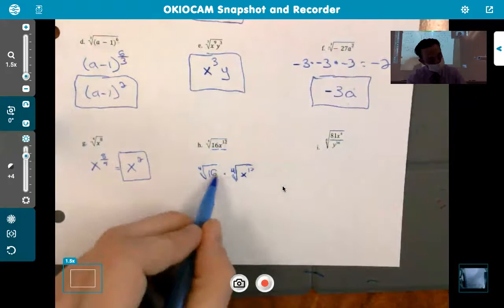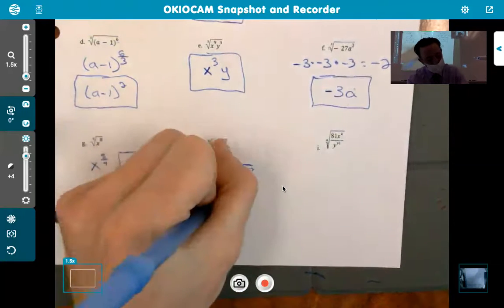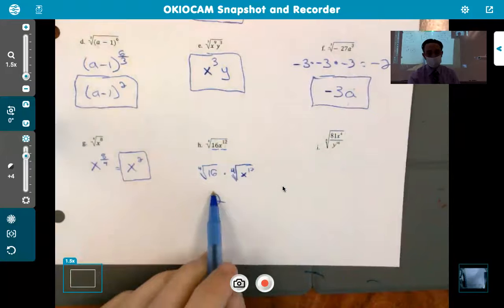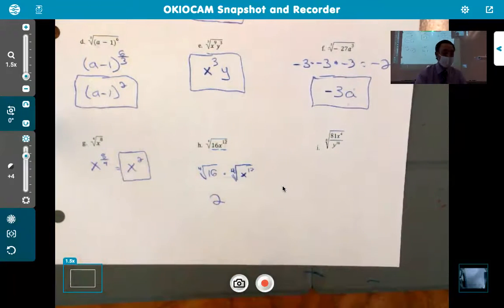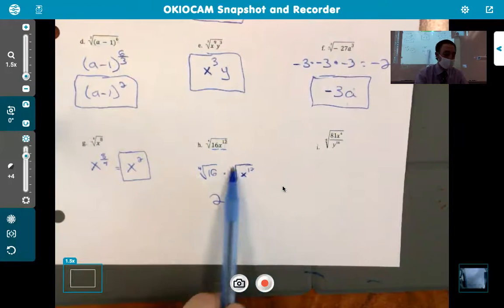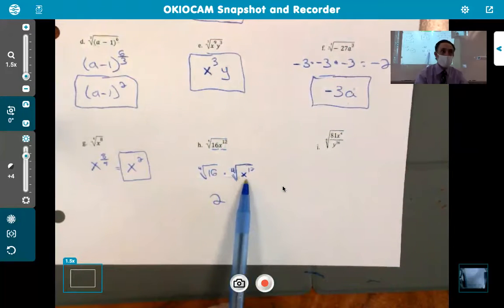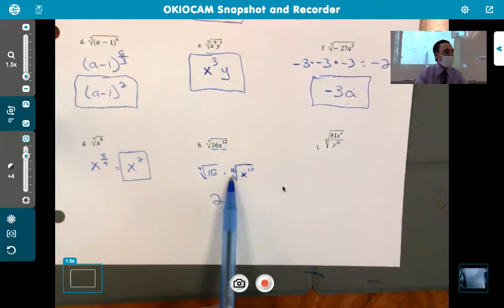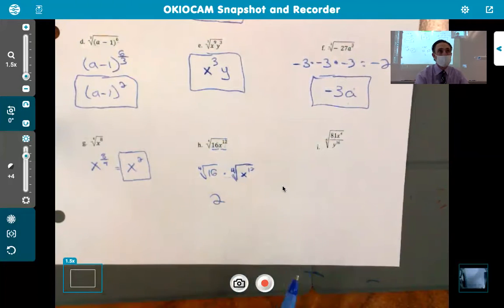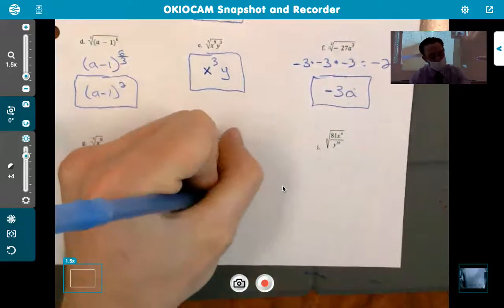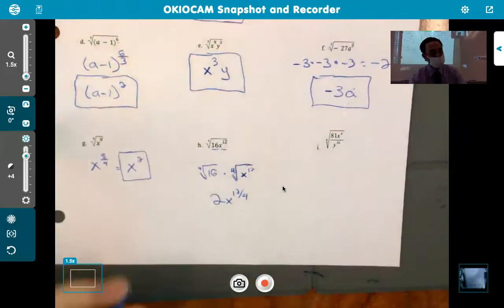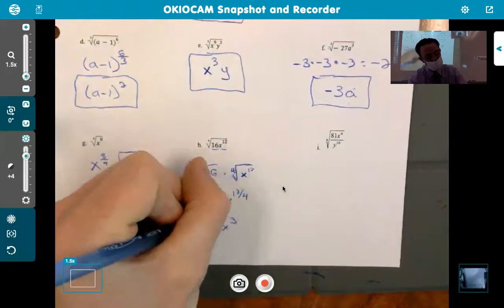But just in case, so we said this was 2. And then how would I simplify this over here? So the x to the 12th, and then I'm taking the fourth root of that. How does that simplify? Right, so x to the 12 divided by 4, which is what? Right, just 2x cubed.